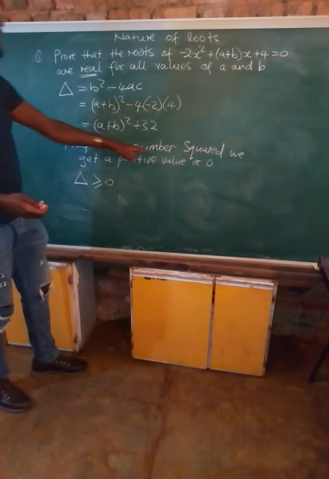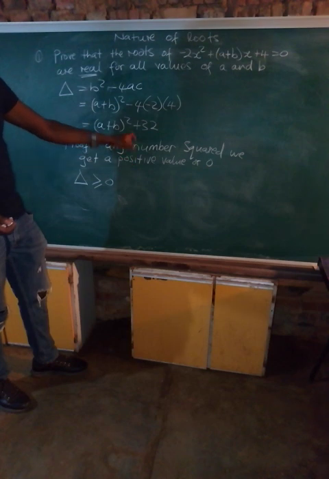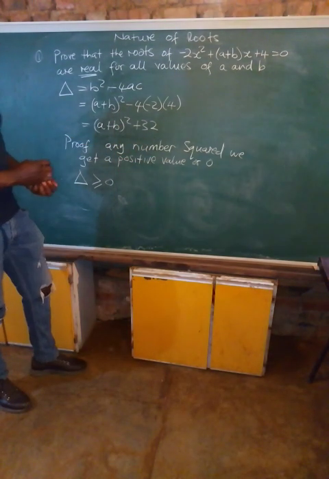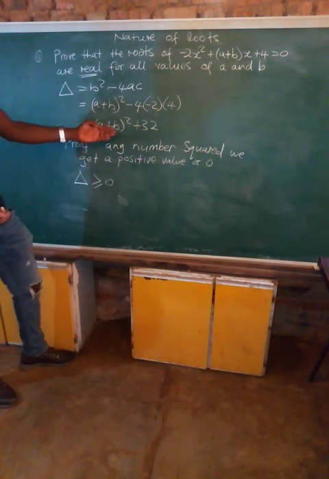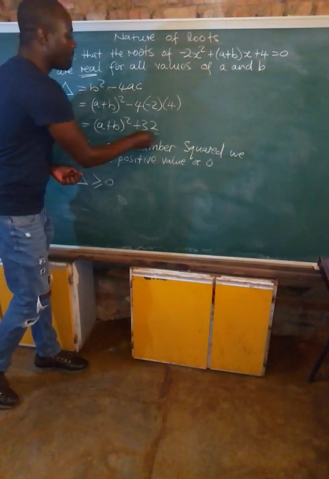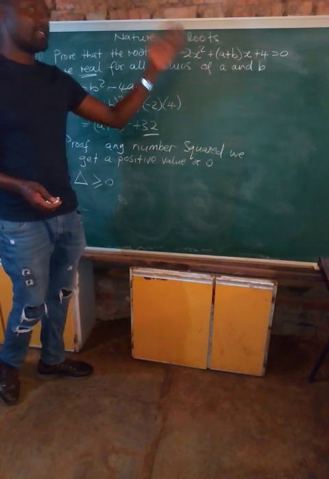So if we square any number, we get a positive value or 0. So if we add that positive value plus 32, we get a number more than 0.